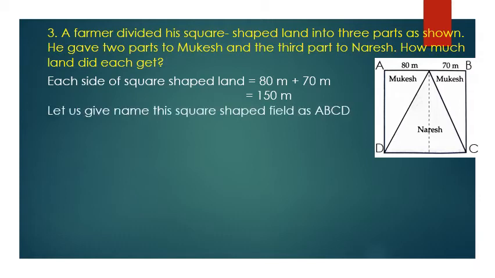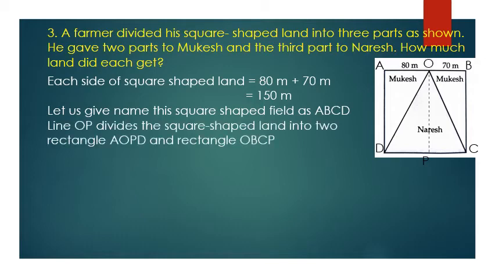Now, let us give the name ABCD to this square-shaped field. Right? So now, line OP divides the square-shaped land into two rectangles, rectangle AOPD and rectangle OBCP. Right?